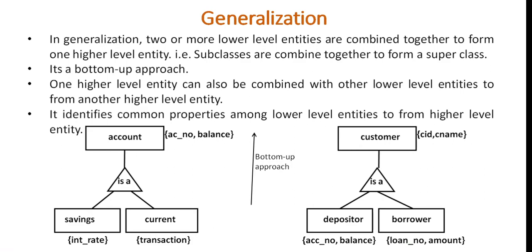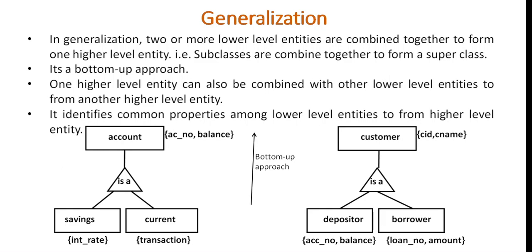While generalizing, or while creating a higher level entity from lower level entities, we identify common properties among the lower level entities, and then we combine those common properties together to form one higher level entity. Okay, now for example, if account is an entity, then that account entity can be classified into savings account and current account.